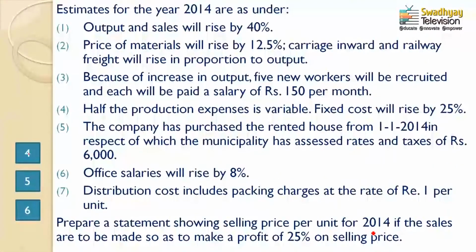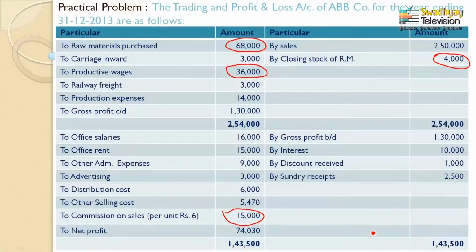Moving to the next adjustment: half the production expenses is variable and fixed cost will rise by 25%. Now see the question. Production expenses were 14,000 rupees in the year 2013. This would be divided into 2 parts.